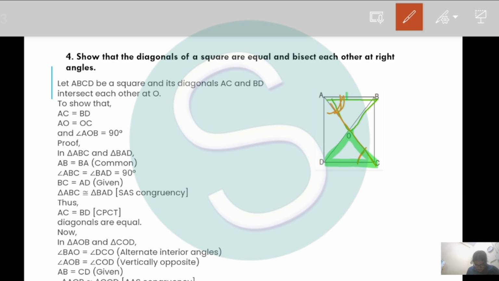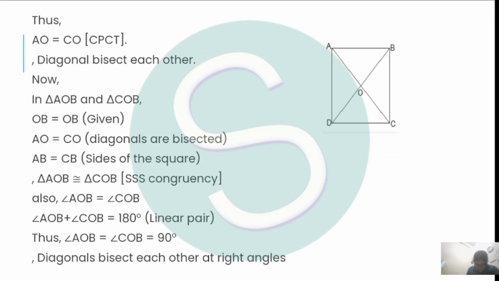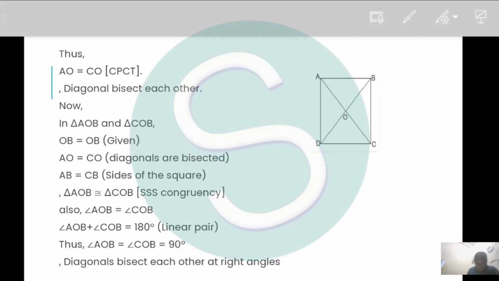Similarly, AOB is equal to COD as vertically opposite angles are equal. And also since it is a square, AB equals to CD. So by angle angle side congruency, these two triangles are congruent, right? So by CPCT we can say AO equals to OC.